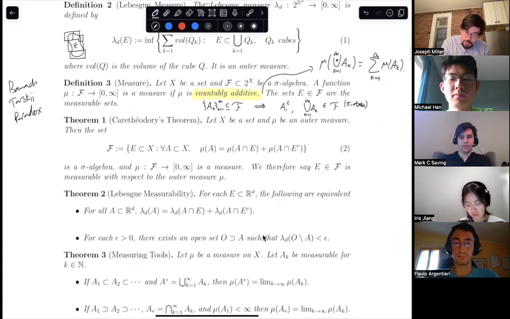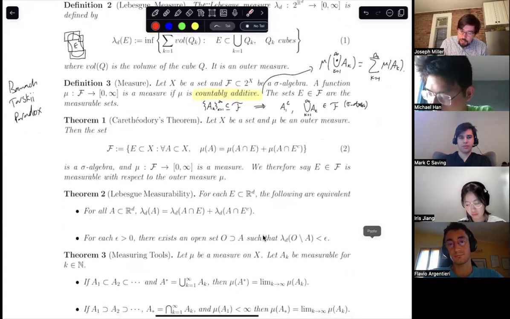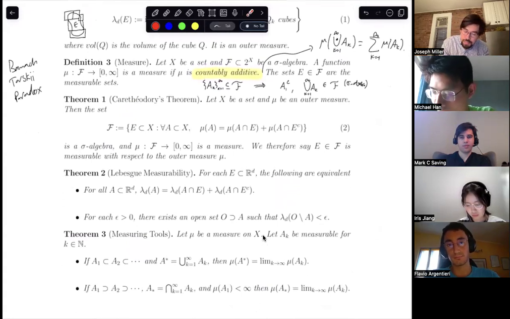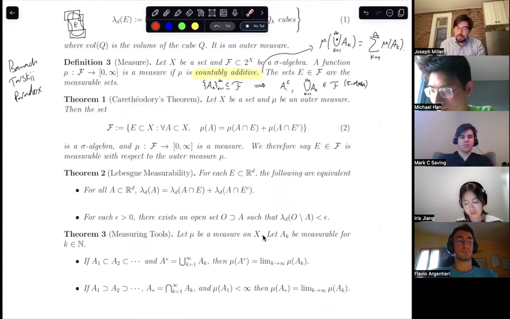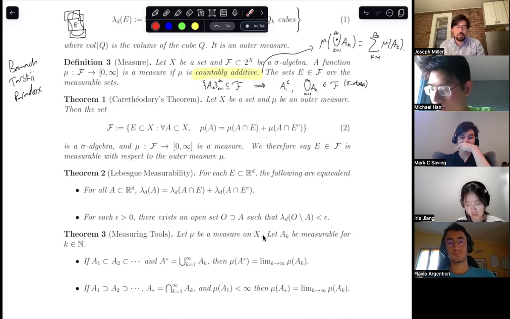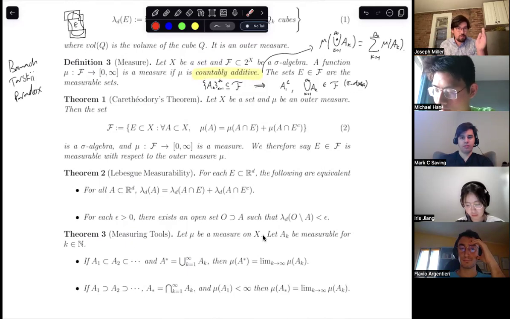Okay. So let me talk a little bit more about measurability since that's kind of a big thing. There's this one thing called Carathéodory's theorem, which tells you, if you give me an outer measure, how can I find the set of measurable things? So you give me some outer measure of all subsets of, let's say, R. How can I figure out which subsets are actually measurable, preserving this condition of countable additivity?